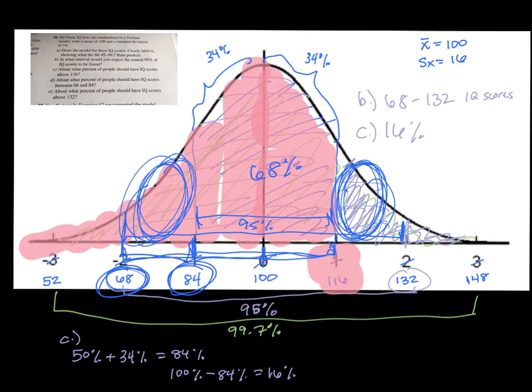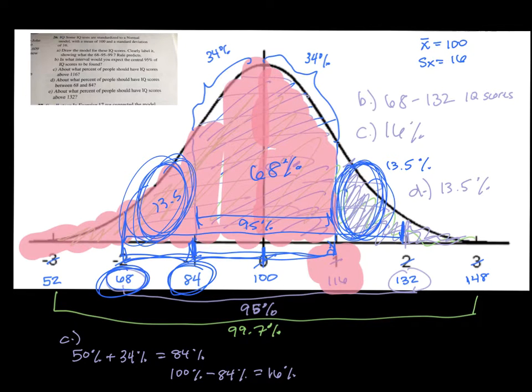So 27% divided by 2 would give each chunk there 13.5%. So for D, between 68 and 84, 13.5% of people would have those scores.